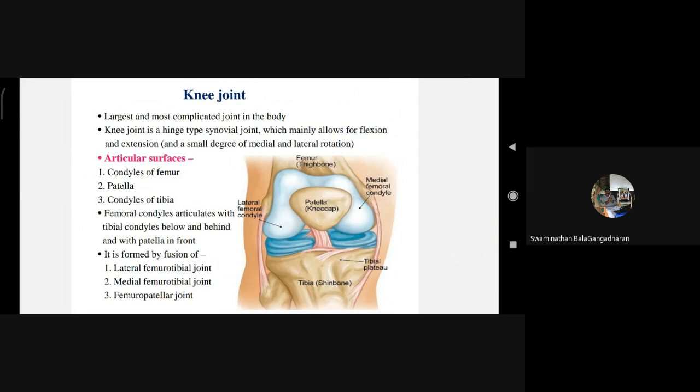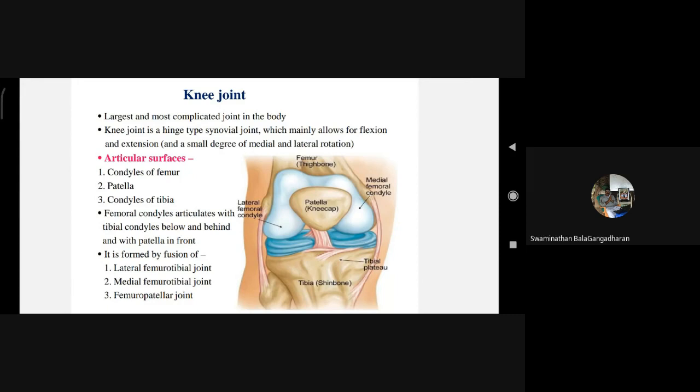The knee joint is a hinge type of synovial joint, which mainly allows flexion and extension and a small degree of medial and lateral rotation.